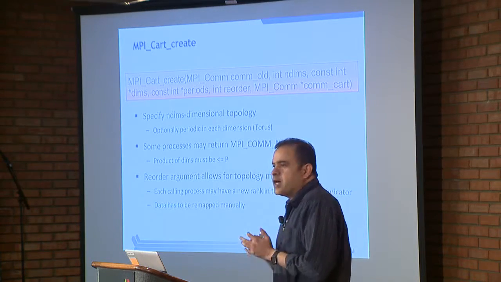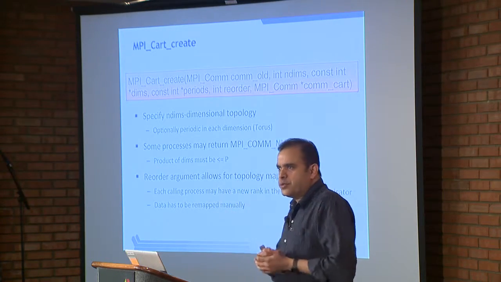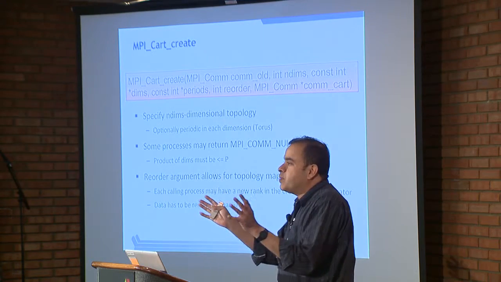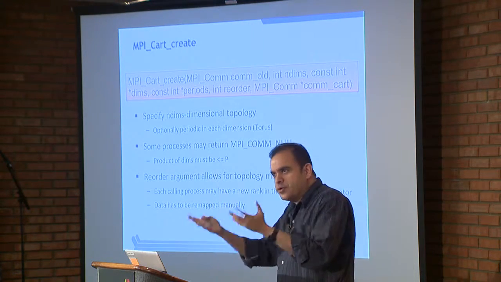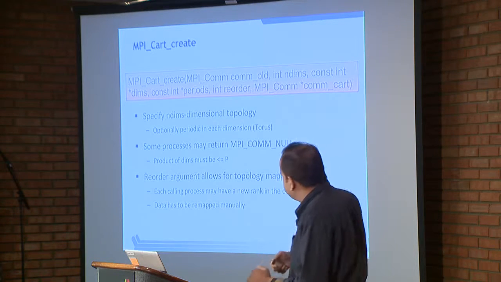There is no performance improvement because the reordering has not happened. But you don't need to move the data either. So if you have generated data and you don't want to move it around, don't reorder here and get the convenience of the Cartesian. But in general, you want to pass reorder equal to 1. So yes, reorder. Even then, the MPI implementation is not required to reorder. You're saying, okay, if you can reorder, reorder.